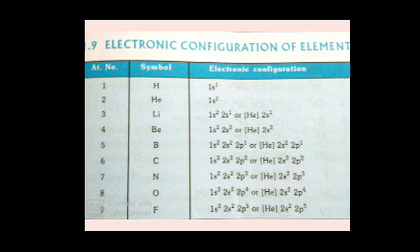The increasing order of energy levels is from 1s orbital to 2s, then 2p, 3s, 3p, then 4s, then 3d orbitals.